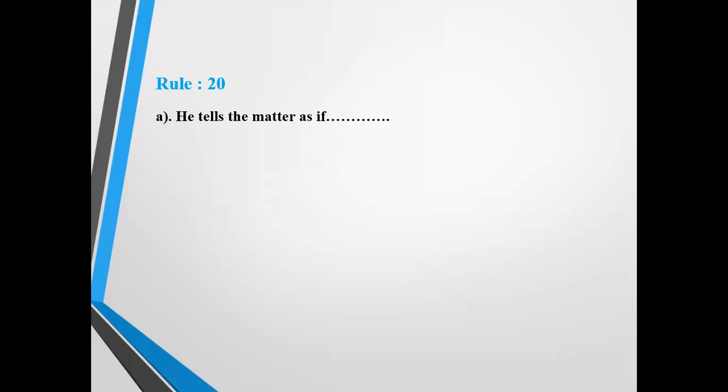If present tense is used before as if or as though, past tense is used after that, and if past tense is used before as if or as though, then past perfect tense will be needed to complete the incomplete sentence. So here, he tells the matter as if he knew it. Here tells is present tense, so the past tense is used after as if. Knew is the past tense of know.